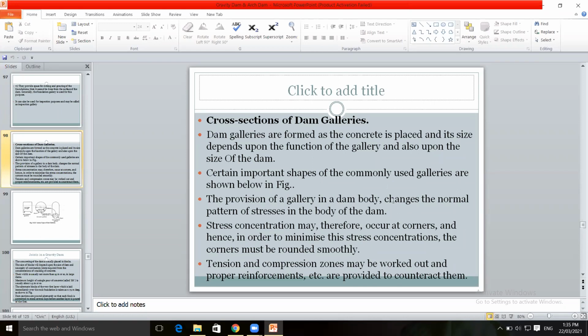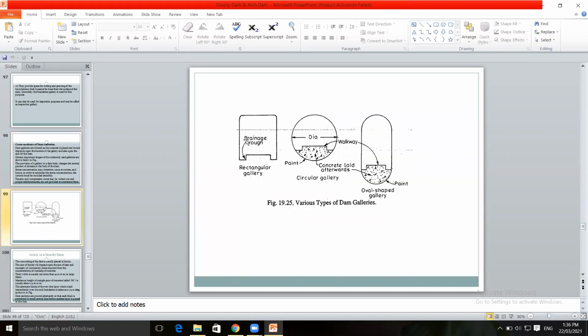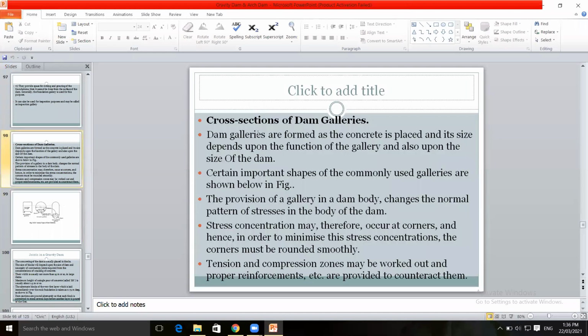Then tension and compression zones may be worked out, and proper reinforcements are provided to counteract these stresses. These are the cross sections of dam galleries. It may be rectangular, circular, or oval shaped. Understood? Dam galleries.